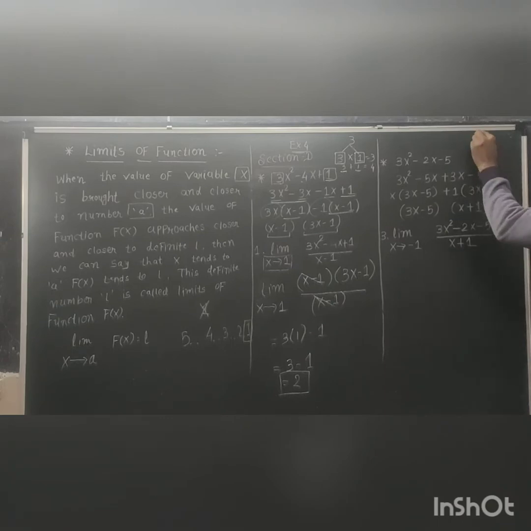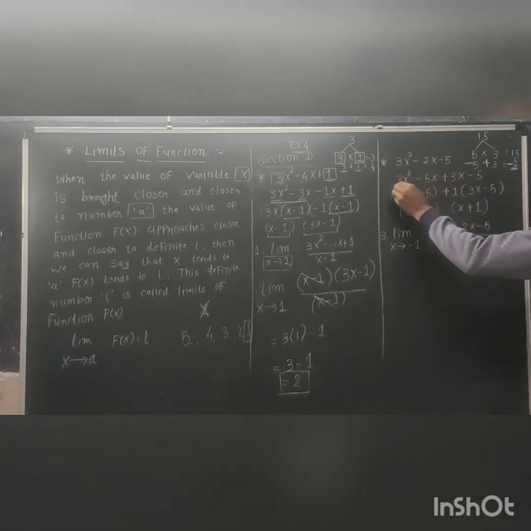So two parts for 15: 5 threes are 15, and if I deduct 3 from 5, I get minus. Why have I done this? Because the sign is minus minus. Then here we put minus and plus. So minus 5 plus 3, answer is minus 2.